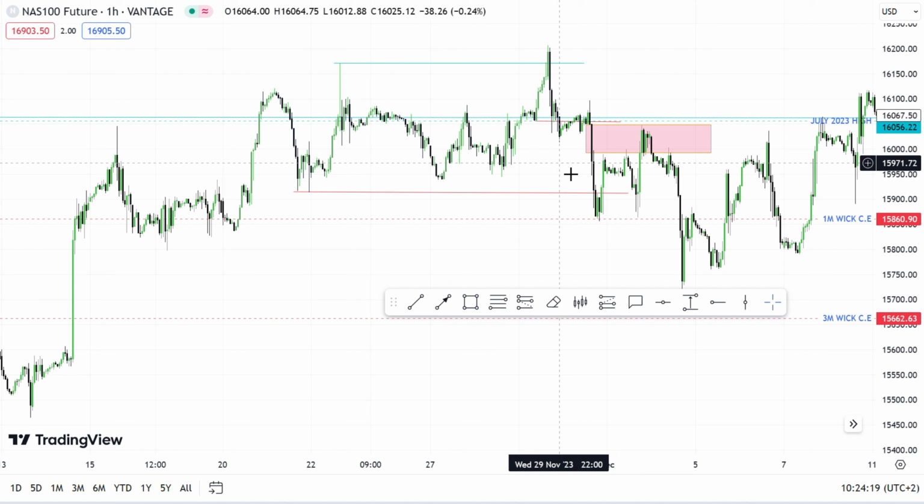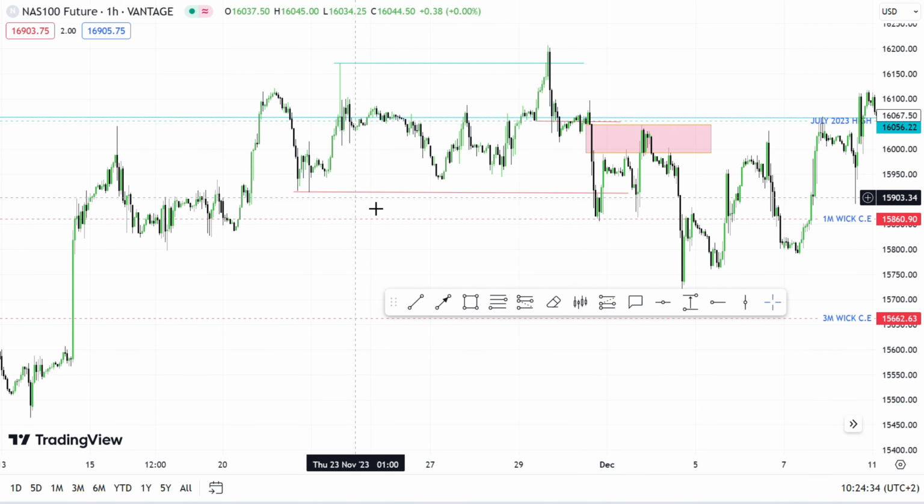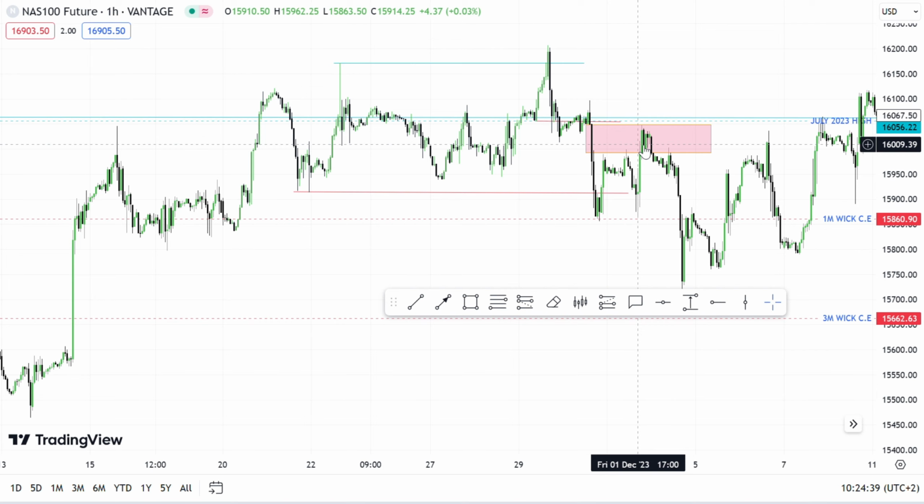So we need to take liquidity above a high, which is breaking it, then coming back lower. As we come back lower, we need to break a low. As you can see, this low was taken. What did it do? Came back down, sold. After breaking this low, what did it do? Came back inside and sold.